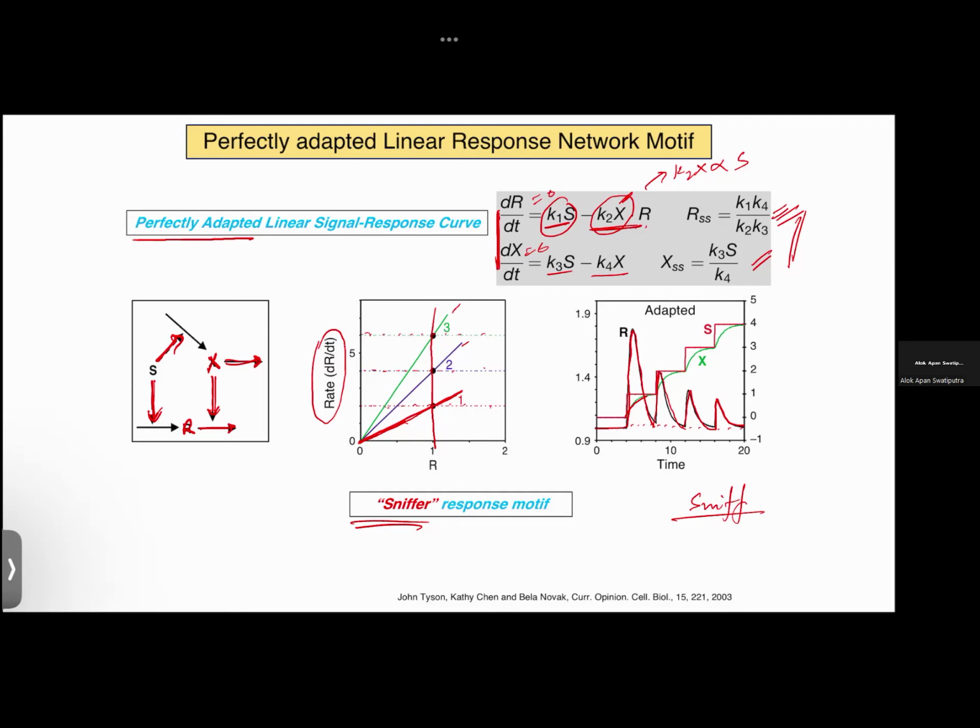If you allow enough time to adjust yourself to that smell, it will decay down and you won't get that signal. Again, if you have a burst of H2S gas, again you will smell it, but if you allow yourself to adapt for a certain time, it will again go down. So it's an adaptive behavior. This is how we sniff things, so this is called a sniffer response behavior. Once you have the signal, there will be an immediate effect, but that effect will die down and the system will adjust itself. Make sense?